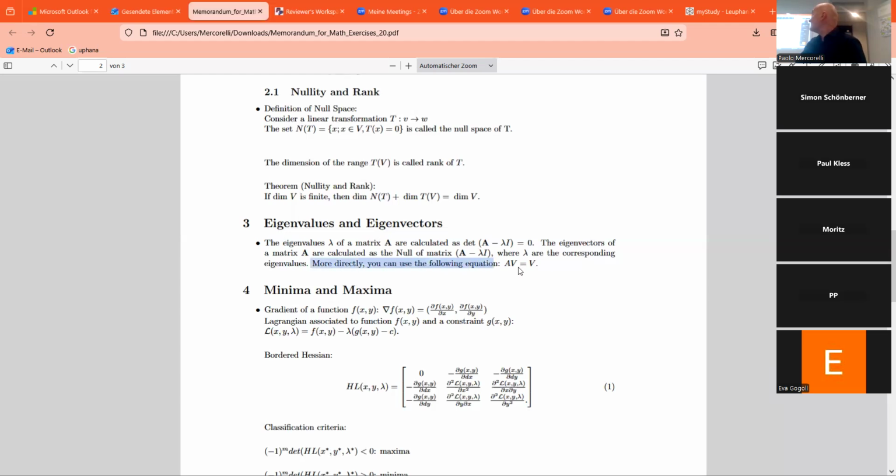I added this sentence here, even though here I forgot to put lambda.